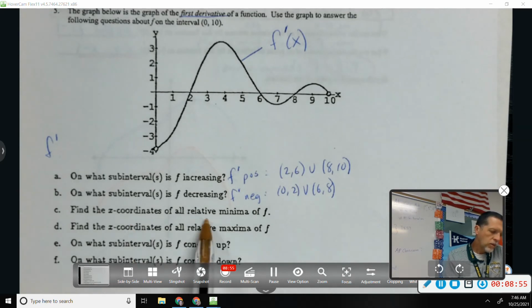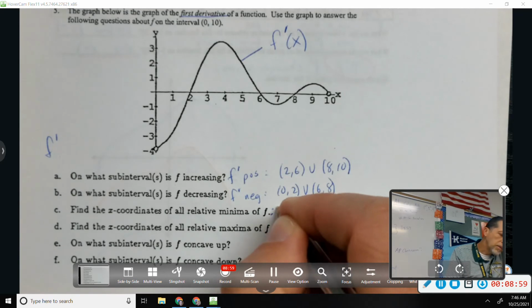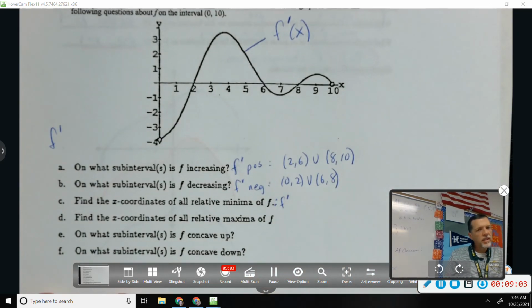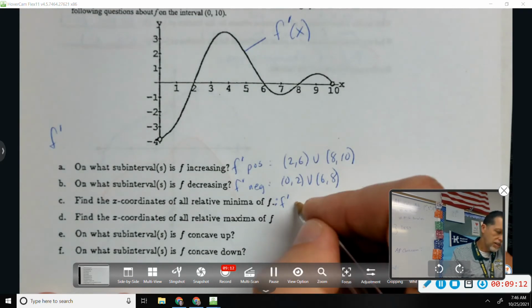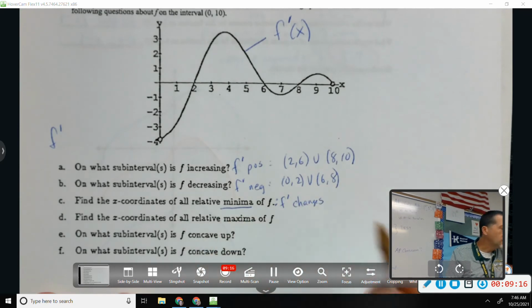Find the x-coordinates of the relative minima. Relative minima occur where, what, in terms of f prime? How do I find a relative minimum if I know f prime? Which one for minimum? For minima, negative to positive.